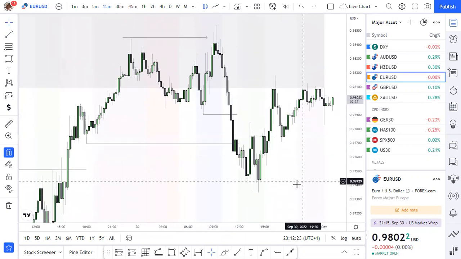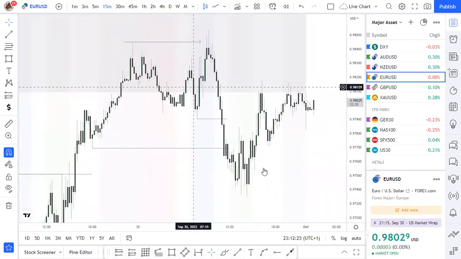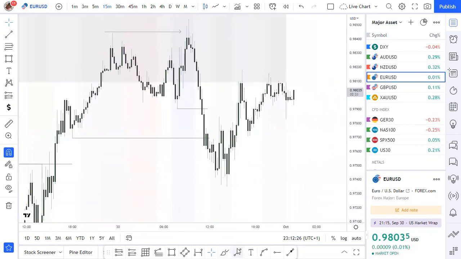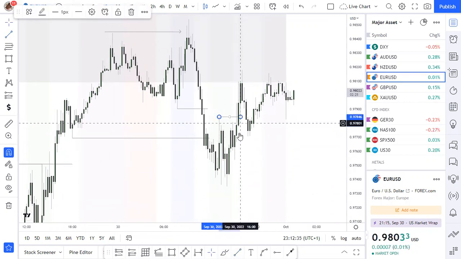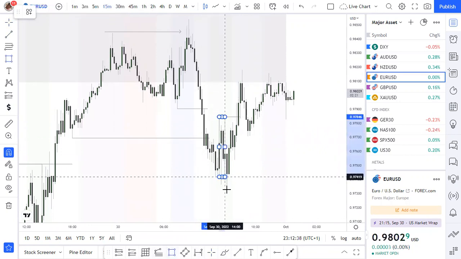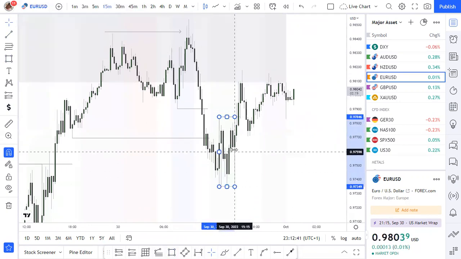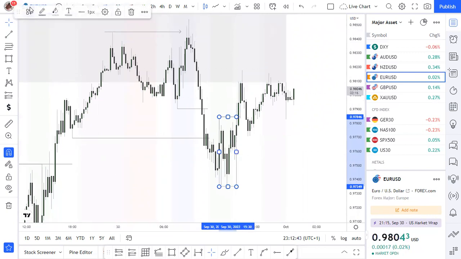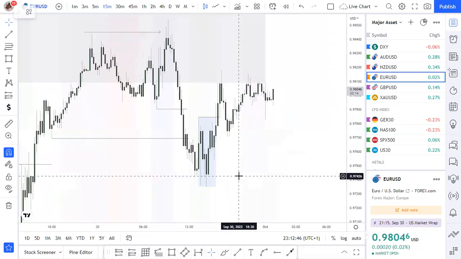Euro USD. And pulling back, we start creating some kind of bullish order flow. That's price breaking above this high. So you can just mark this up and say this was our supply range. Show some order flow.